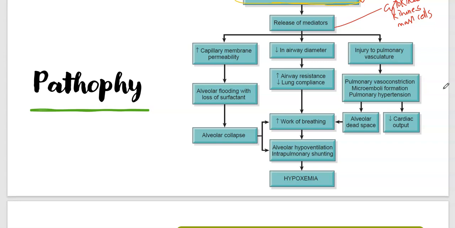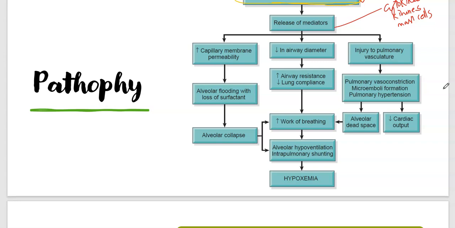Your alveoli. Now, your alveolar flooding with loss of surfactant technically is an event that happens as a result of your immune system response.